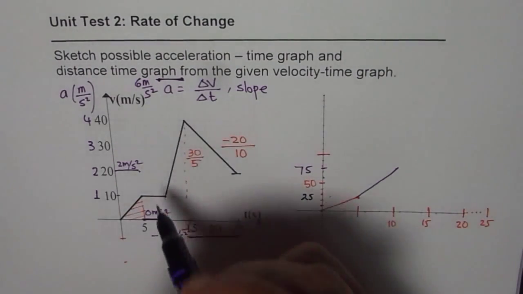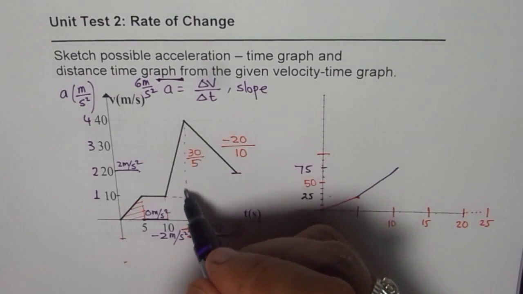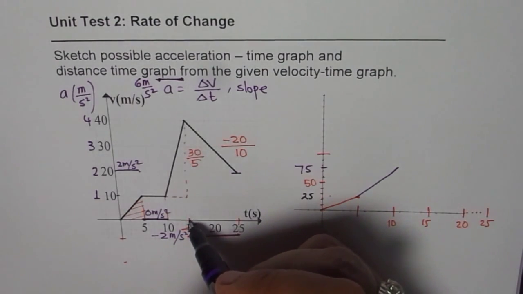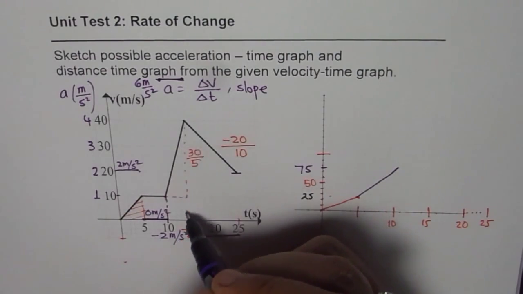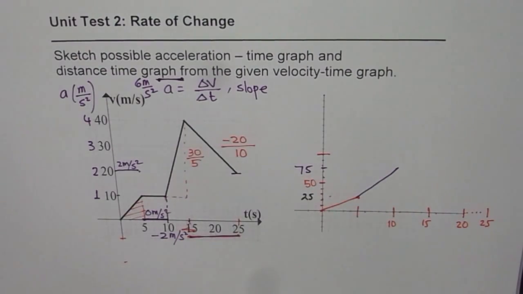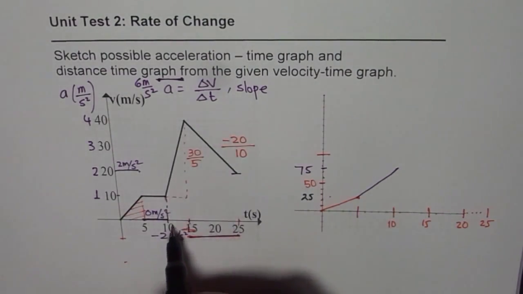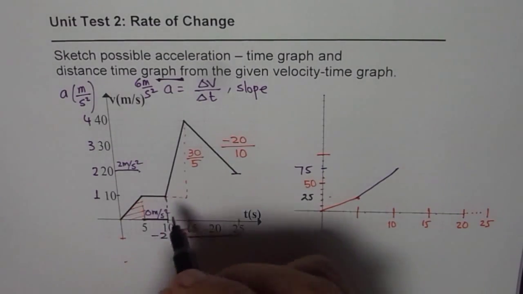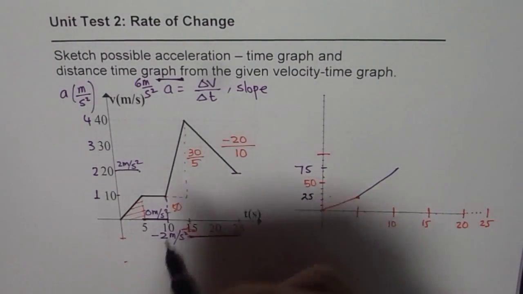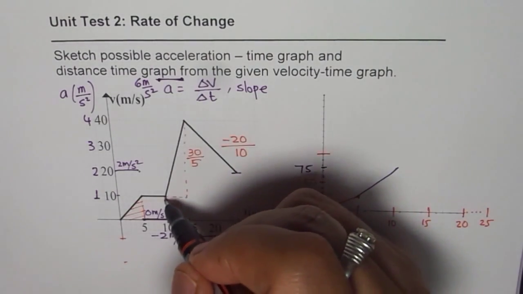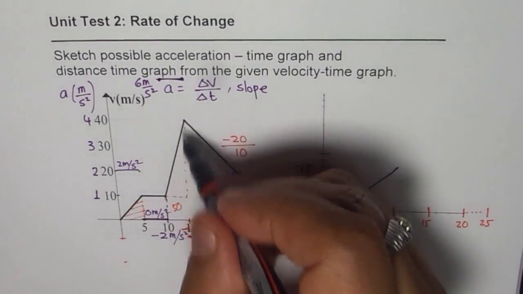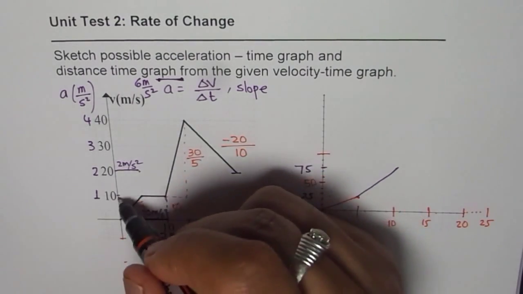Correct? Now, let us find the area under this graph. That will be easier for us to work with, right? So we will find the area under this graph now, which is how much? We have a time duration of 5 times 10. This is 50, right? And then we have a height here, which is from 10 to 40, which is 30.